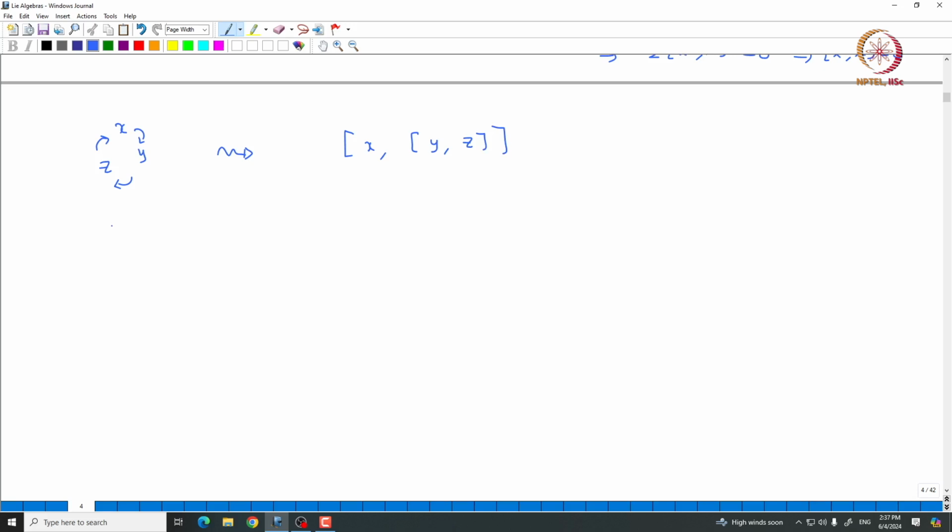Now, if we cyclically permute, then this will be permuted... Sorry, this is not the permutation that I wanted.